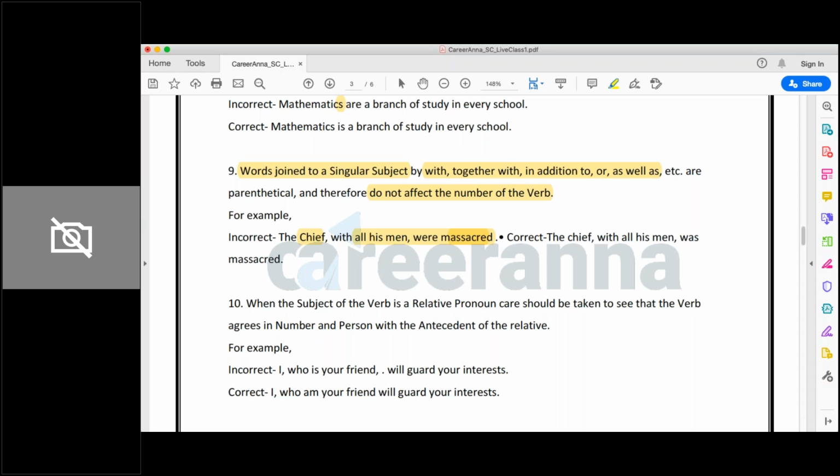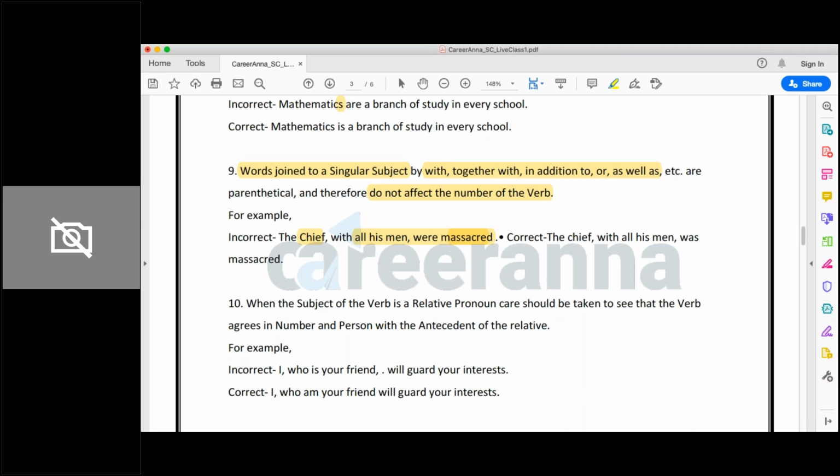When the subject is a relative pronoun, care should be taken to see that the verb agrees in number and person with the antecedent of the relative. What do I mean by antecedent?